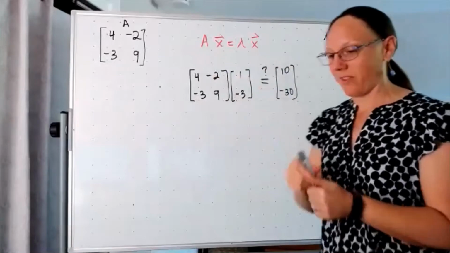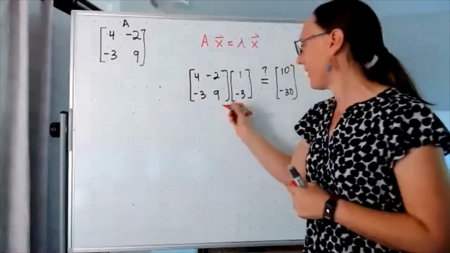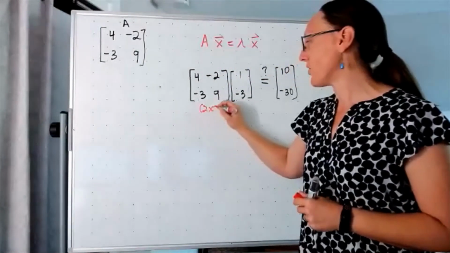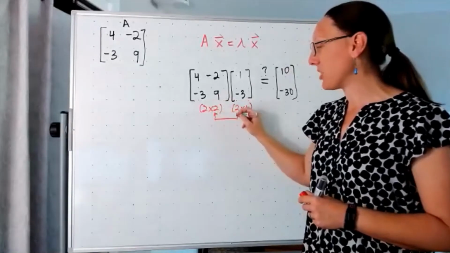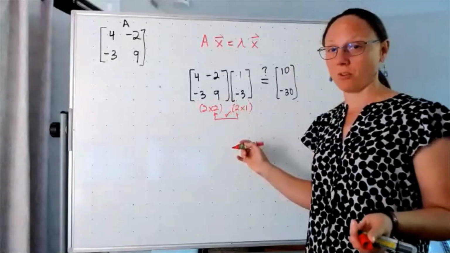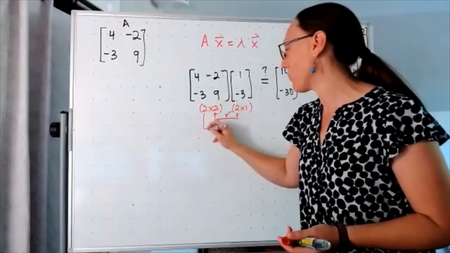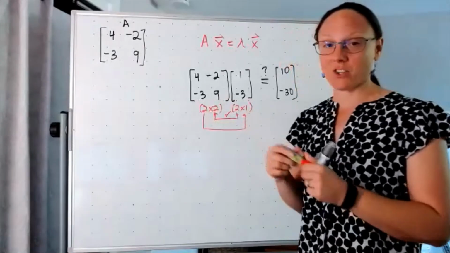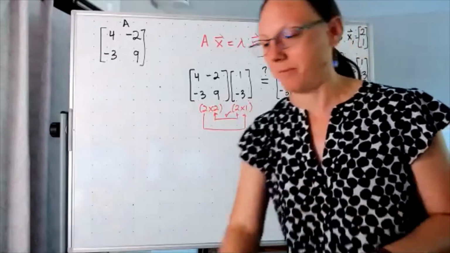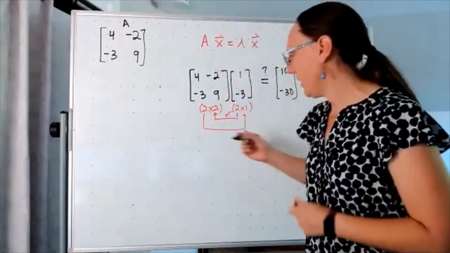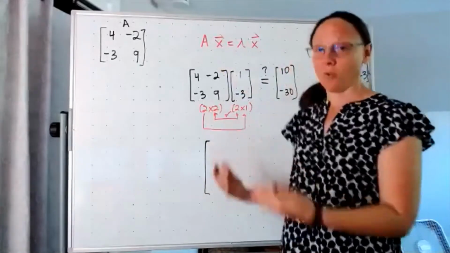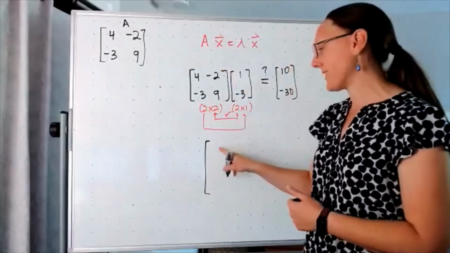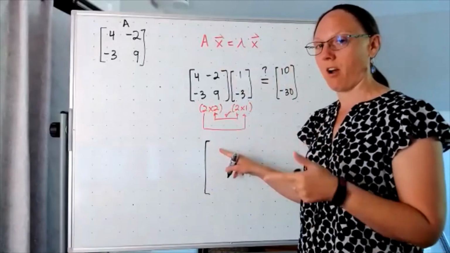If I multiply out the left-hand side, this is a 2 by 2 times a 2 by 1. The inside dimensions match, so we're allowed to do the multiplication, and the outsides tell me that the answer will be a 2 by 1 vector. Well, to get what goes in that 2 by 1 vector, doing my matrix multiplication, this top piece is in row 1, column 1.